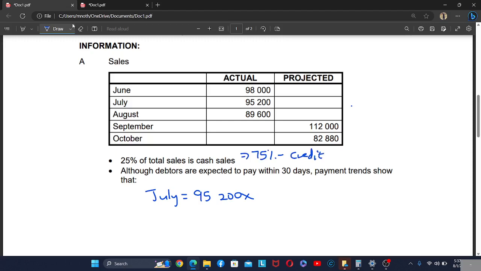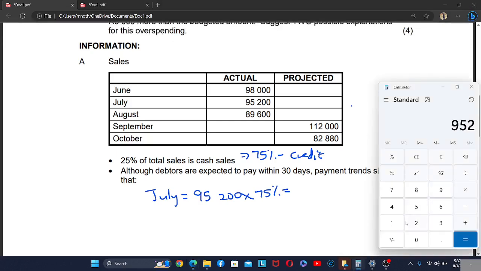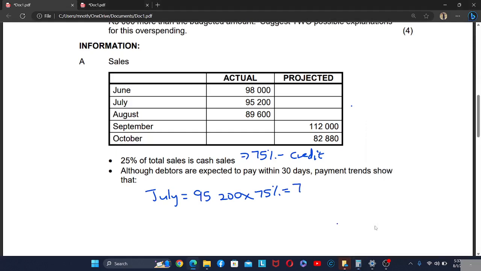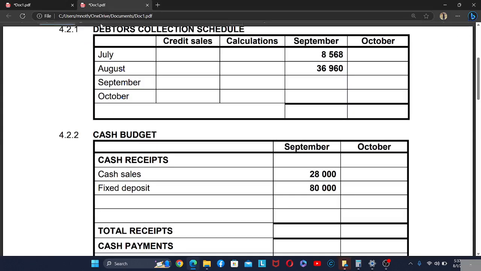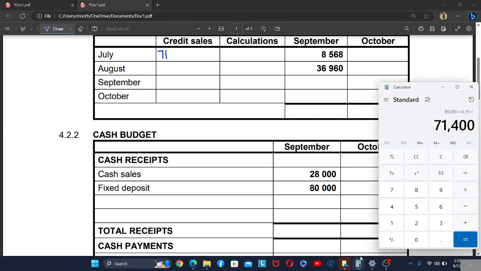So we multiply by 75% because we want to get the credit sales. That is equal to 71,400. Those are the credit sales for July.